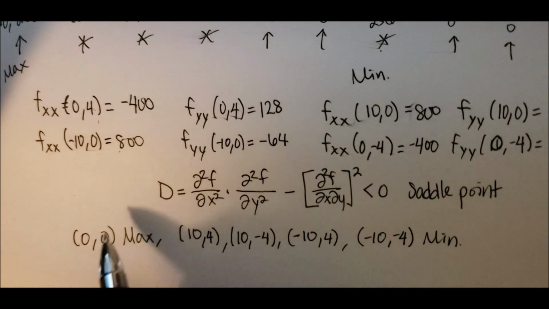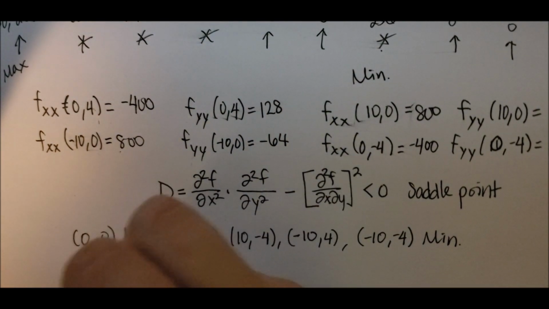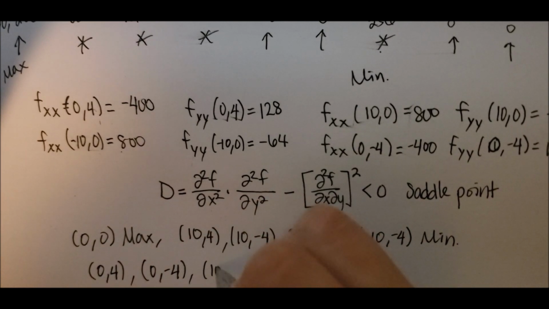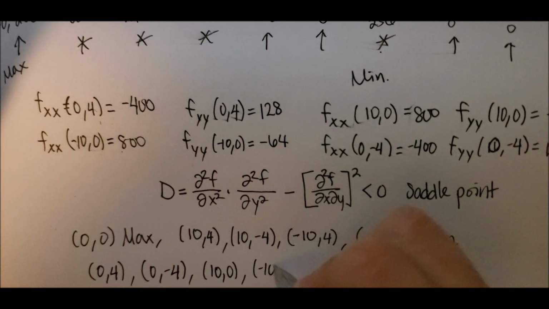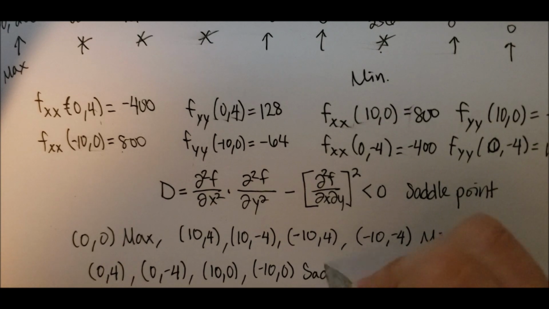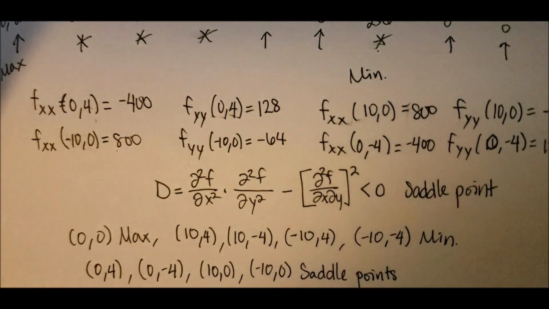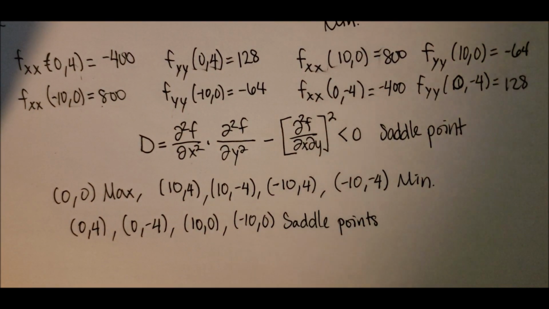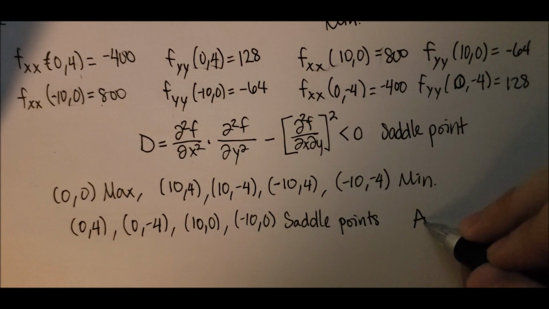And then I had saddle points at 0, 4, 0, negative 4, 10, 0, and negative 10, 0. And that is A.